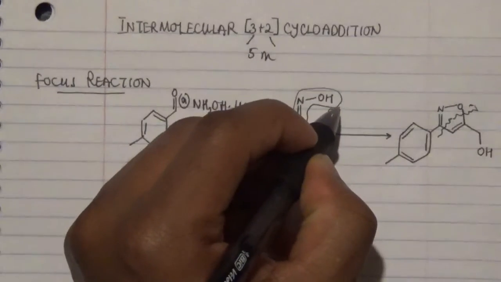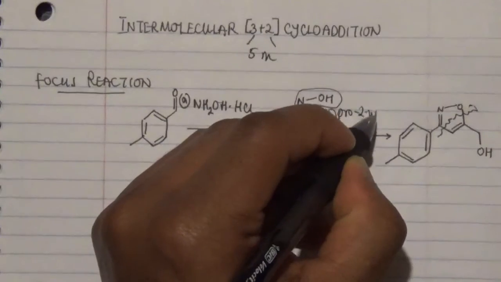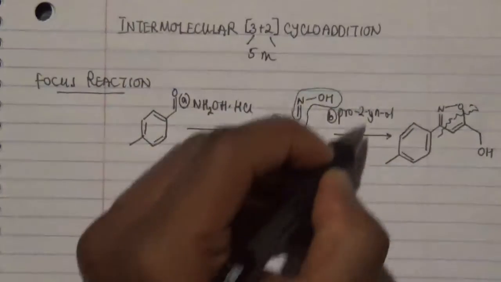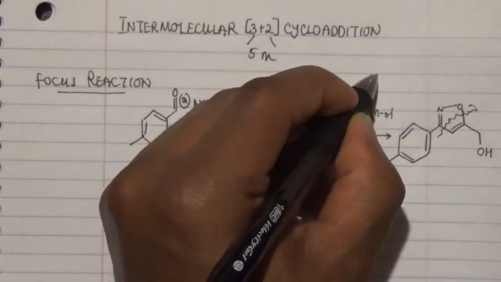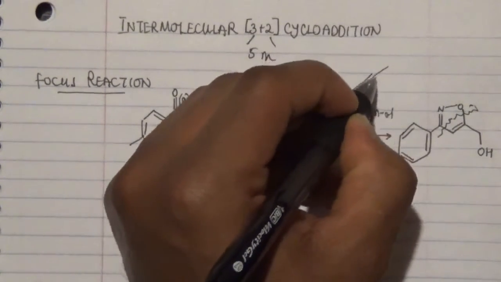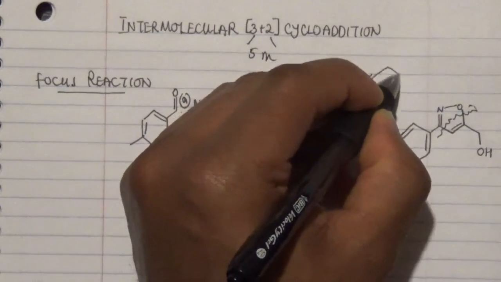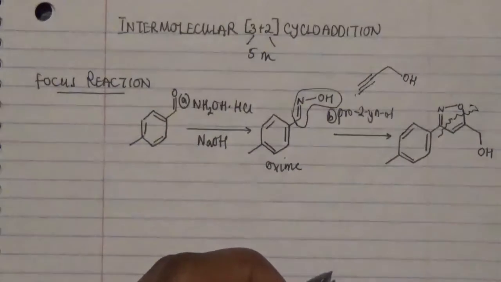So what that leads to is that we have our prop-2-yn-1-ol, and this is this particular reagent over there, where this is a carbon with a carbon triple bond over there, this carbon attached to another carbon, and this carbon is attached to the hydroxyl group over there.